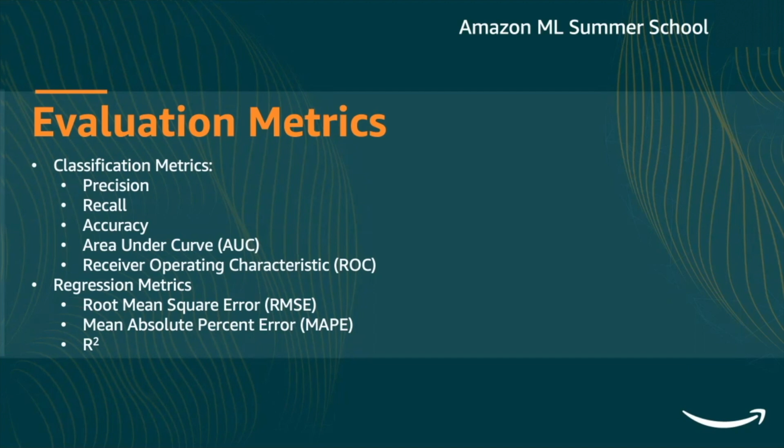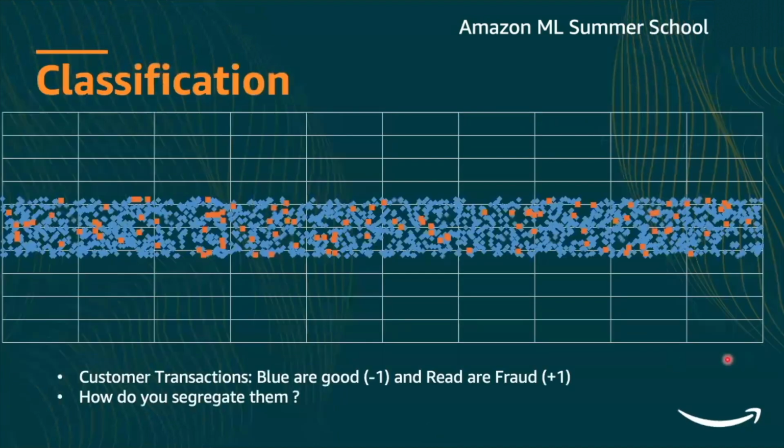Now, the choice of the metric completely depends on the type of model and the problem at hand which you're working on. So we shall cover the following classification and regression metrics as shown on this slide. Now, let's look at a problem of predicting if a customer transaction is fraudulent or not.